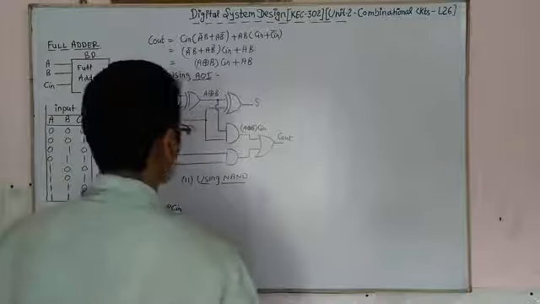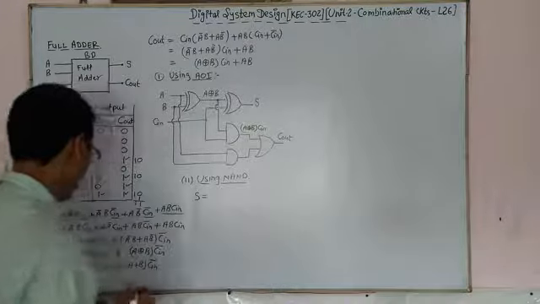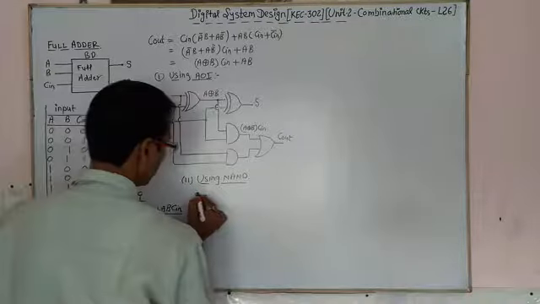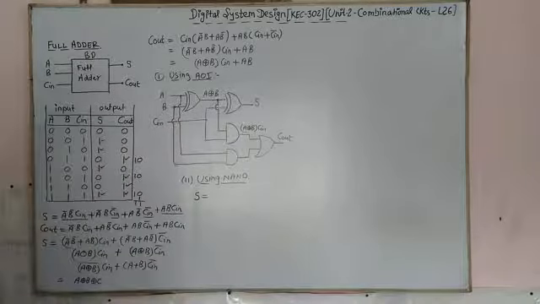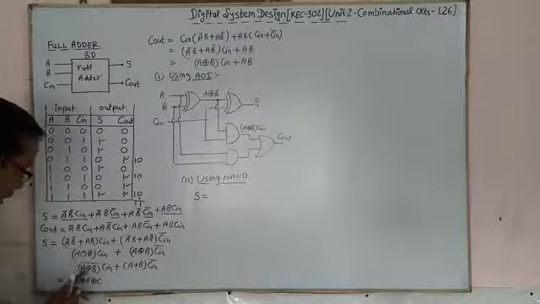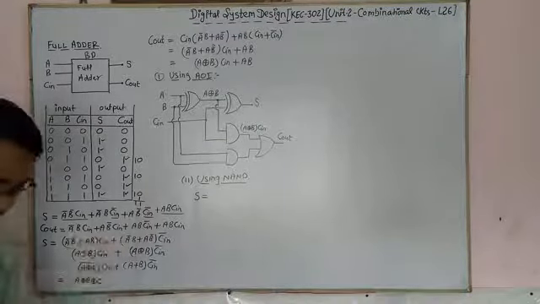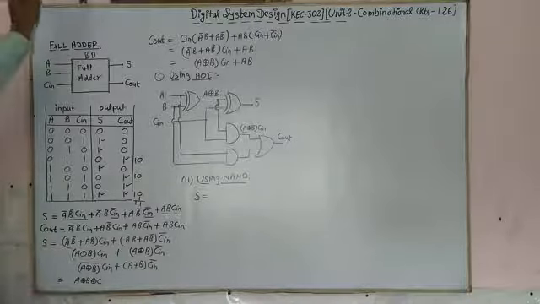So first of all, the sum we have is A XOR B bar C in plus A plus B into C in bar. From here, first of all, we have to design A XOR B. Okay, A XOR B using NAND gate.